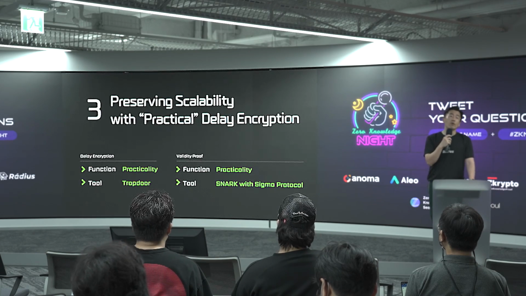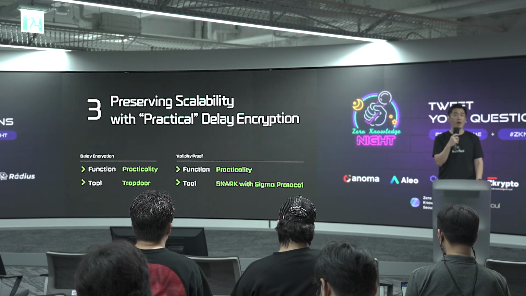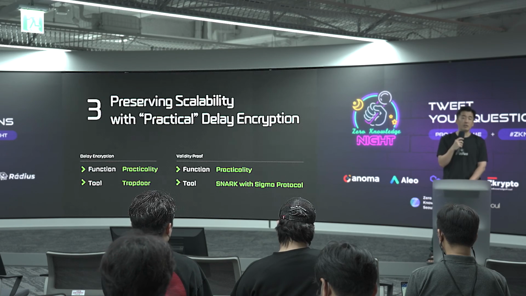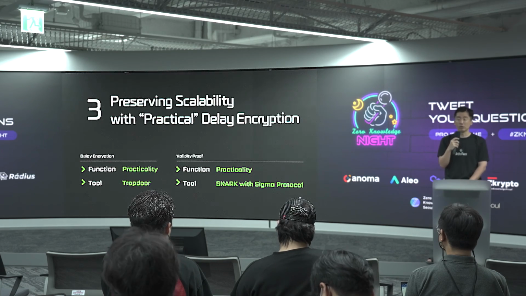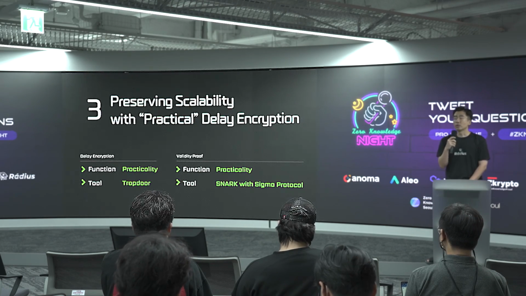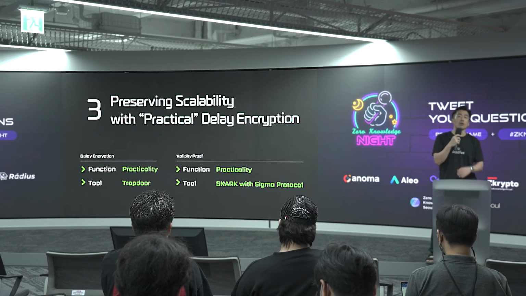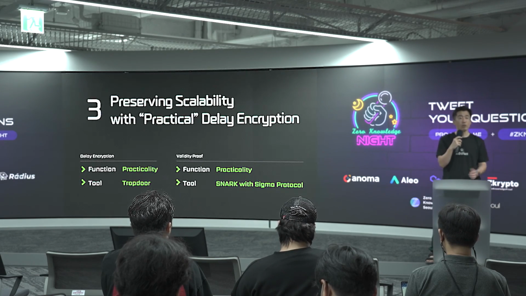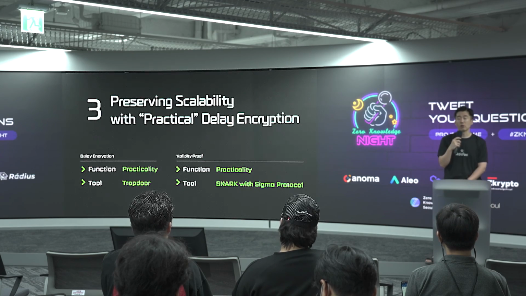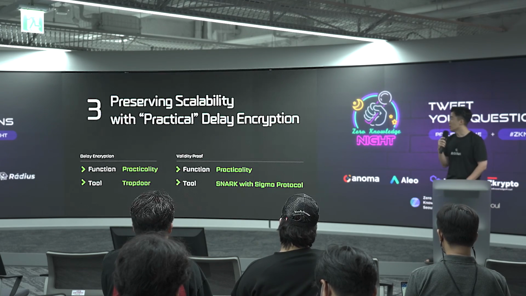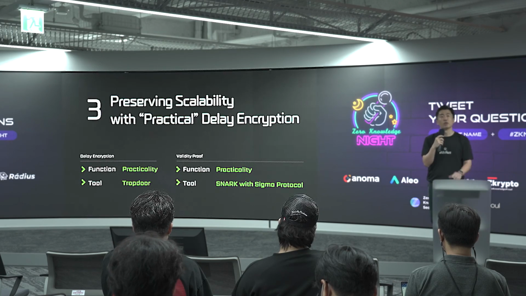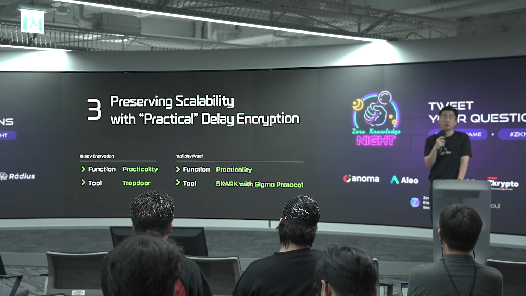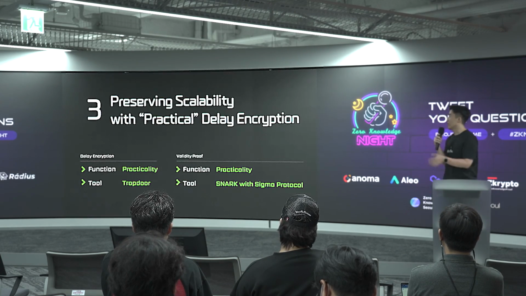First of all, if we want our miners to take like 10 seconds to solve timelock puzzles, it doesn't mean that users also take 10 seconds to generate timelock puzzles. 10 seconds is too long for users to make transactions. So we applied some kind of trapdoor to make it short. So it's just milliseconds to make those kinds of validity proofs.